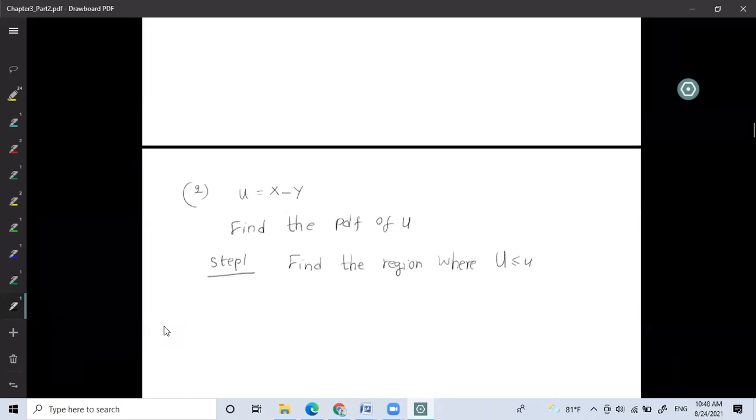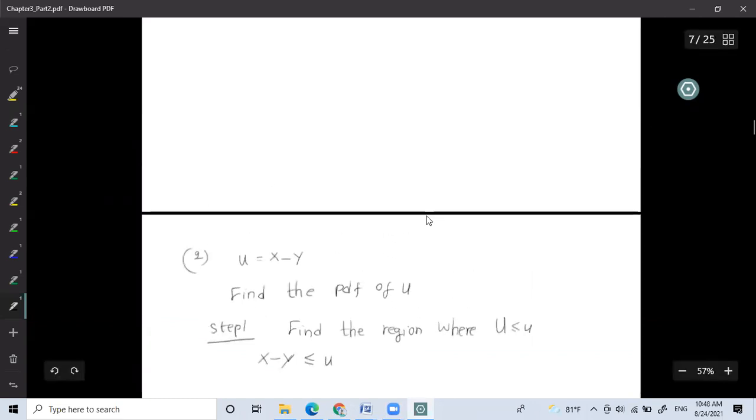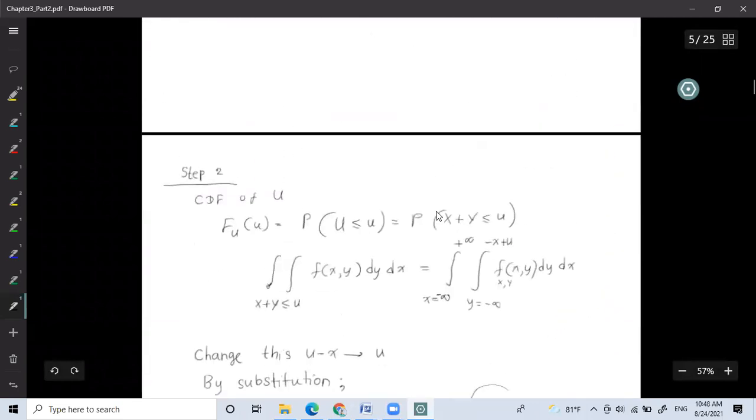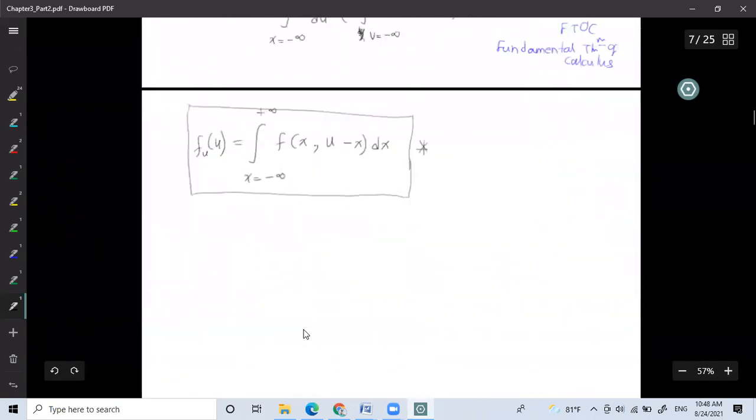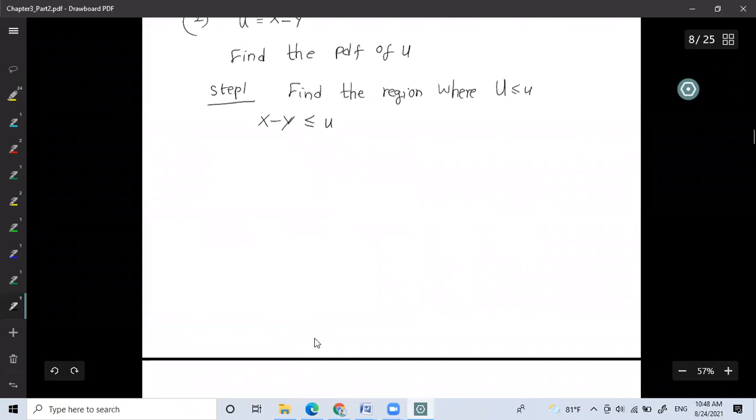Now what is our u? Now we have x minus y, sorry, x minus y is less than or equal to u. So like this, we have to find x minus y less than or equal to u. Similar to the previous case, let's take the equation.